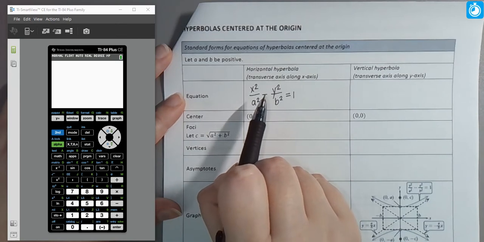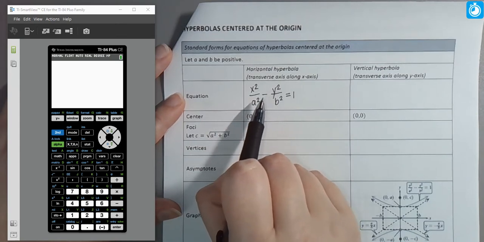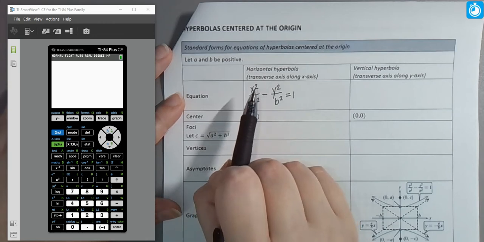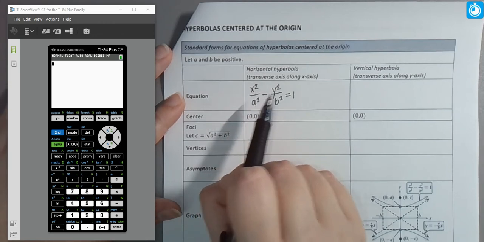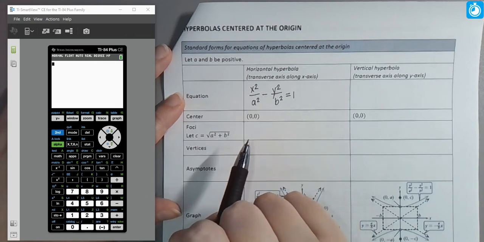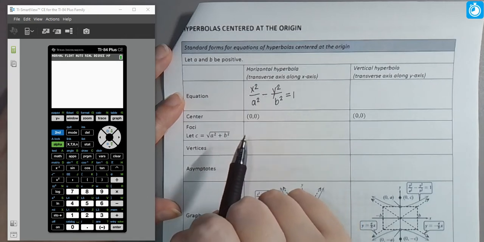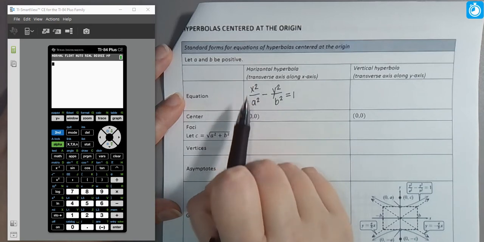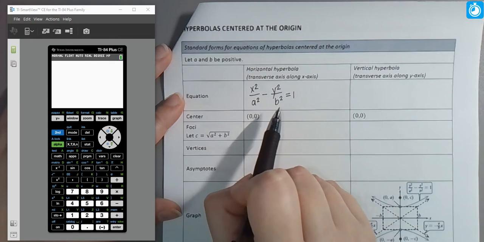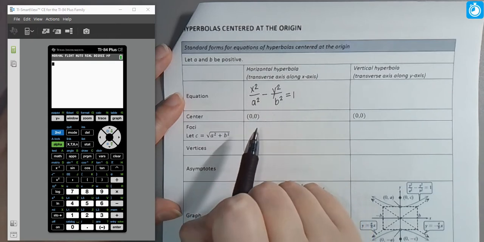We've changed from addition to subtraction. The subtraction is what's going to make the difference here. As soon as we have a quadratic term minus another quadratic term, that's our indication that we're looking at a hyperbola. And in this case, A is going to be associated with the positive term, and B is going to be associated with the negative term.